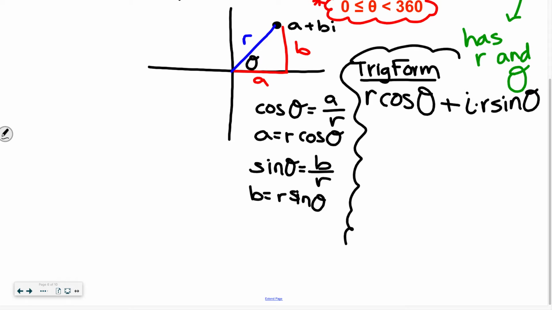Now, there's other ways that people will write trig form. When you look at these two terms, what do they have in common? R's. You might see it written like this: r times cosine theta plus i times sine theta. So you might see that in your homework tonight.